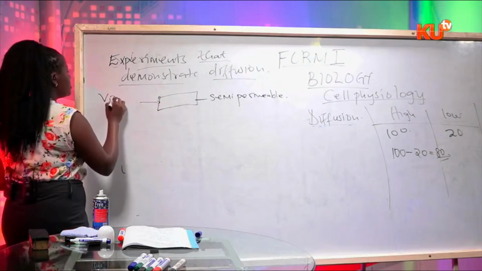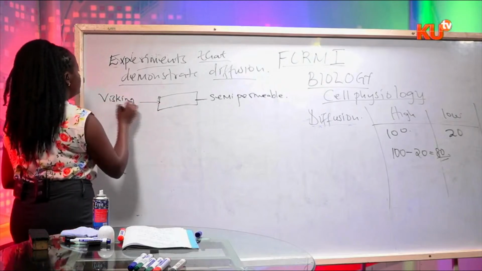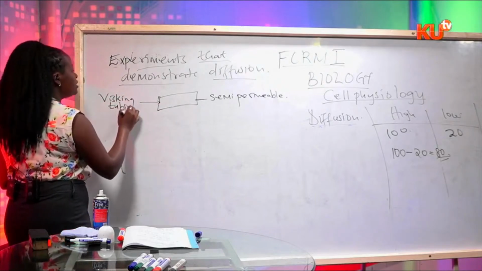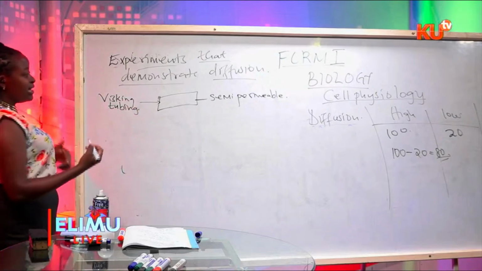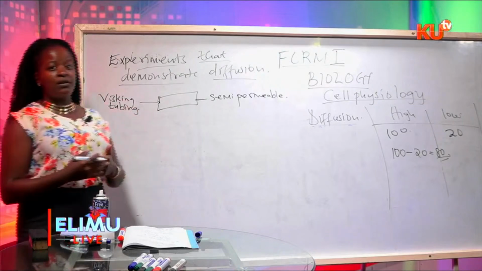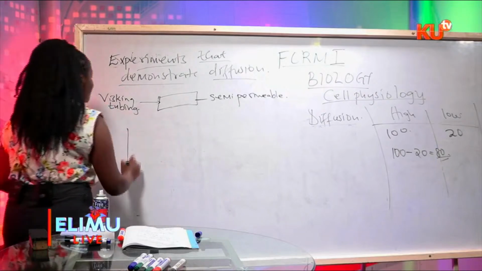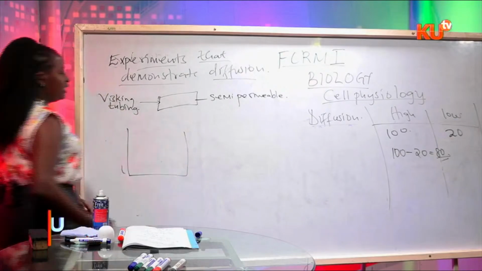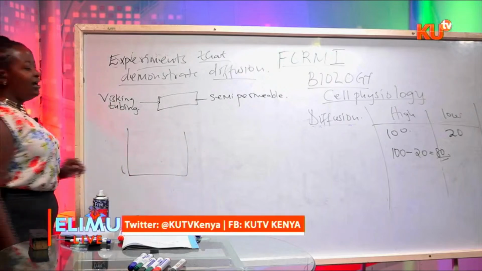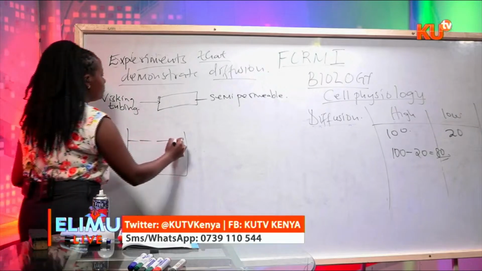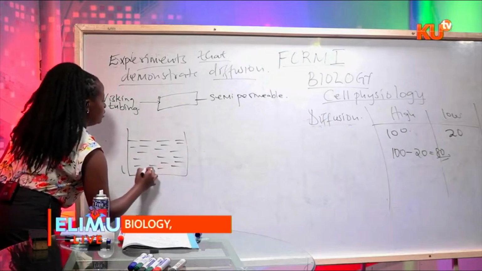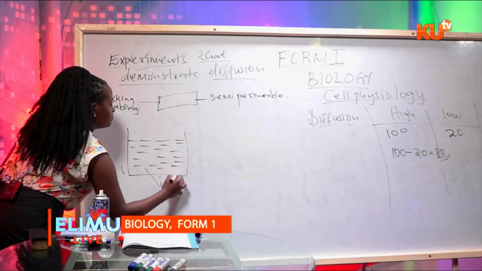So this is the Viskin tubing, and we have said the Viskin tubing represents the cell membrane in biology experiments done in the laboratory. Now we have a beaker here, and in this beaker we have a solution, iodine.